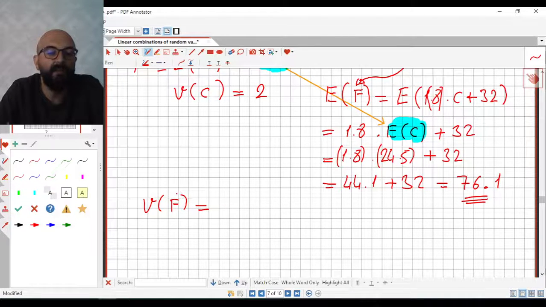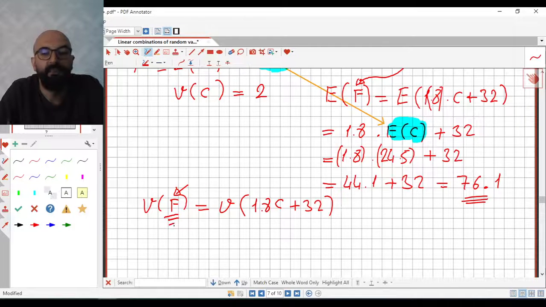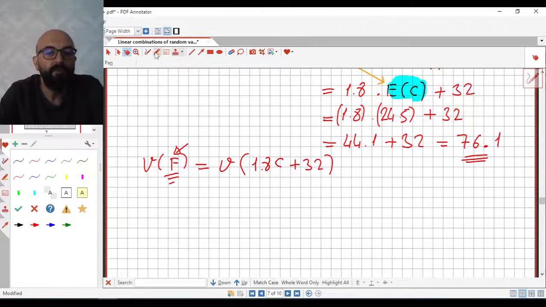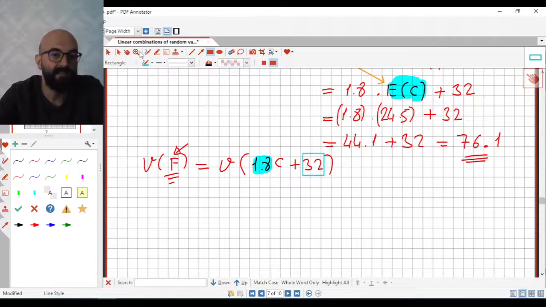If we want to figure out the variance of F, we can write 1.8 Celsius plus 32 instead of F, because F equals 1.8 multiplied by Celsius plus 32. As you remember, only the 1.8 multiplier affects the variance, and plus 32 doesn't affect the variance.